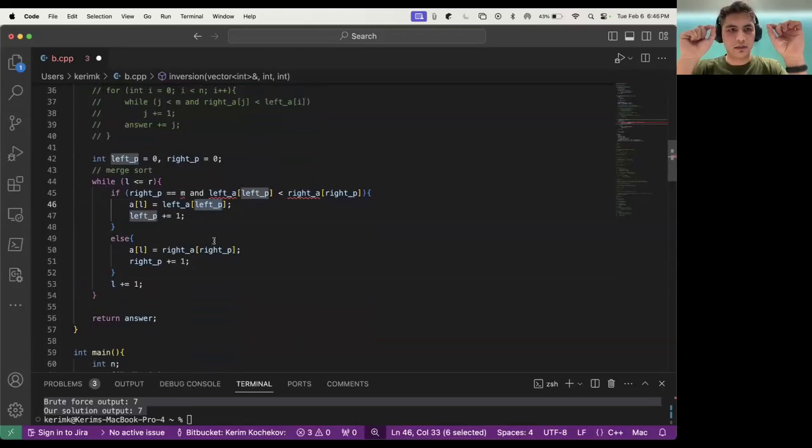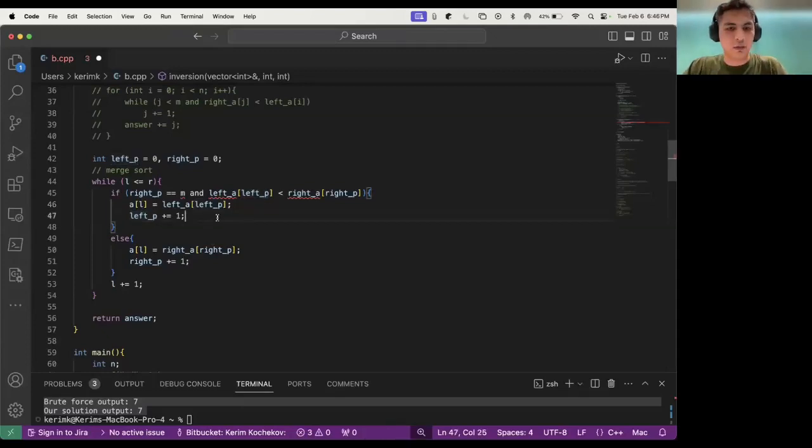When we decide to put the smallest element of the left part, we consider the right part's existing pointer. So if we have already put, let's say, two elements from the right part, that means when we decide to put the next element of the left part, these two elements are already smaller than the current element in the left.